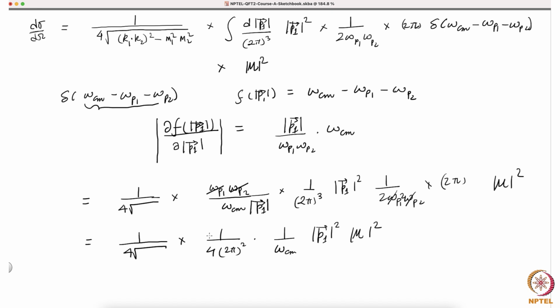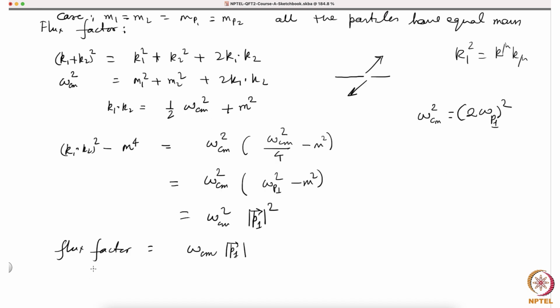Omega cm times P1. So that will make it omega cm square below, and one factor of P1 will get cancelled. So what do you get?